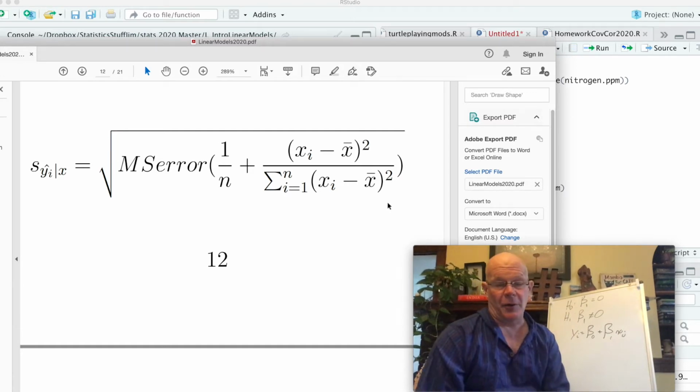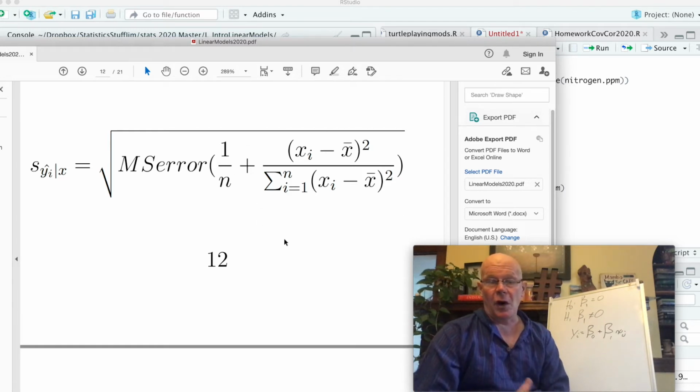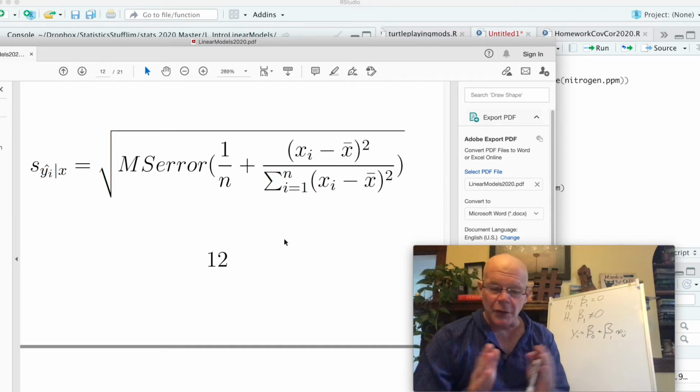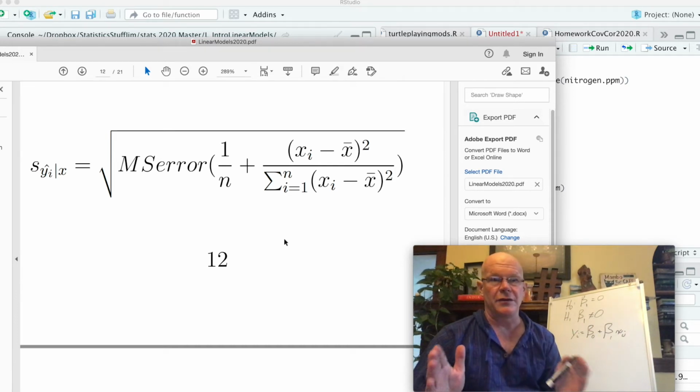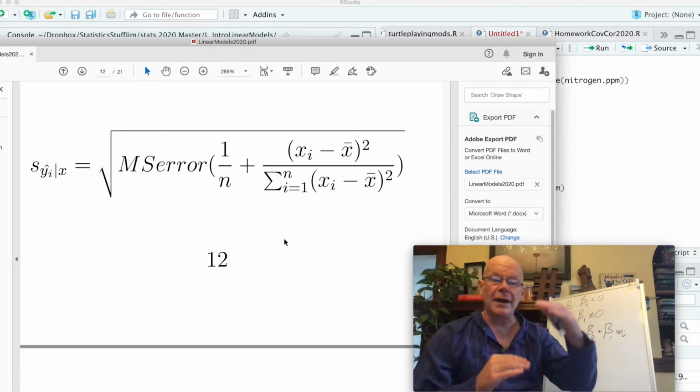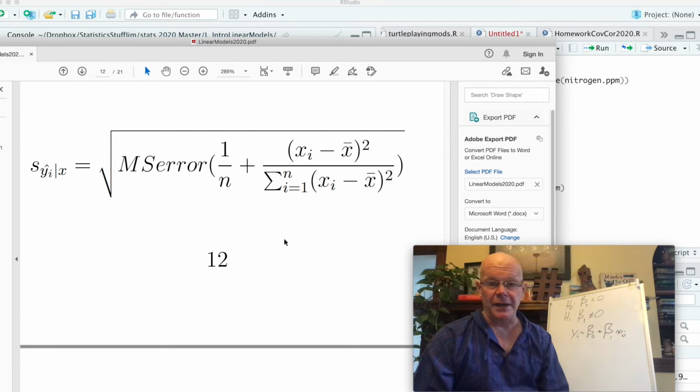One thing I do want to point out is that the uncertainty around our value of y for any of our predicted values, just based upon this arithmetic here, hopefully what you can kind of squint and see is that the further away our x values are from the mean of x, the greater the uncertainty will be around our predicted values.